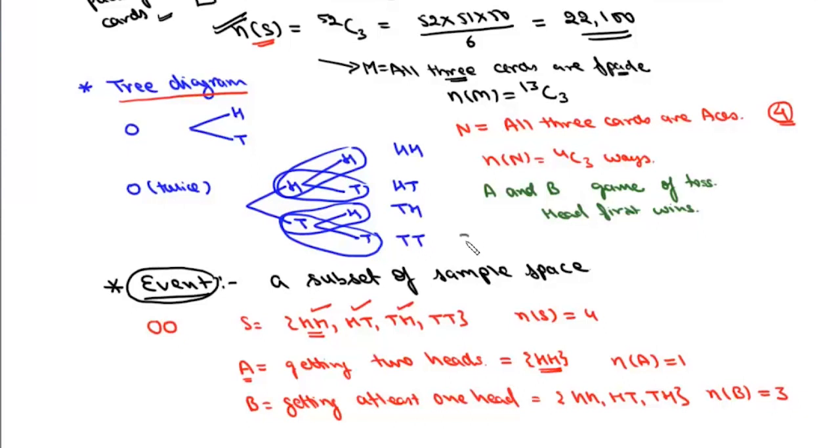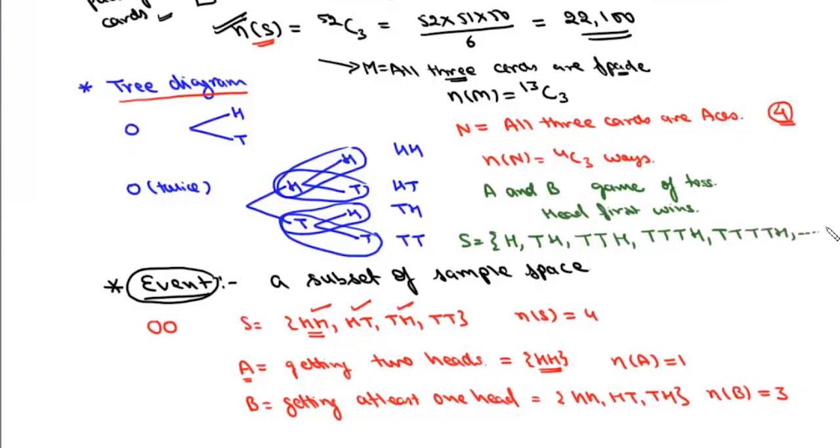If A starts the game, then on the first toss, A gets a head and the game ends. Or it could be A doesn't get a head. Now B, on his or her chance, gets a head, and the game ends. Or it could be A doesn't get a head, B doesn't get a head. Again, in the second chance, A gets a head. Or it could be tail, tail, tail, head, or tail, tail, tail, tail, head.